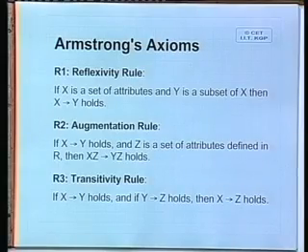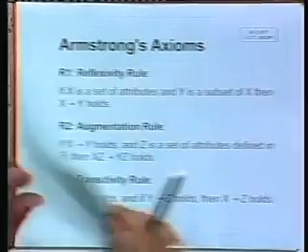Now, this is very obvious actually, the reflexivity rule. If we have a particular key, that is supplier number and part number, a concatenation of supplier number and part number, does supplier number depend on it or not?